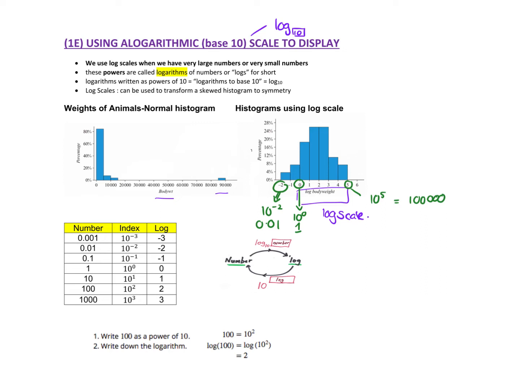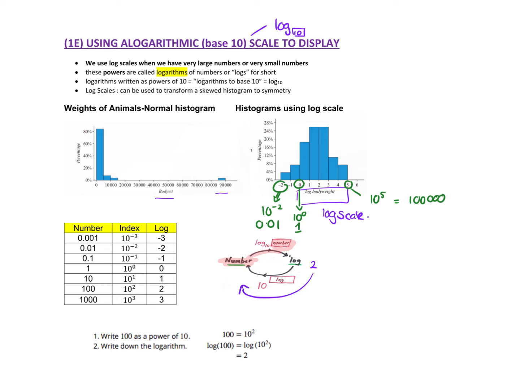Now, if you're given a number and you have to make it a log, you just go log 10 on your calculator and put the number in there. If you want to go back, so if you were given a log number, say a 2, and we want to go back to the real number, we know a 2 means 10 to the power of 2, which is 100.